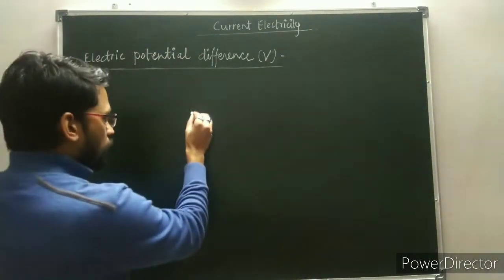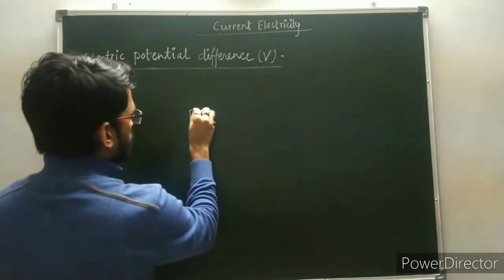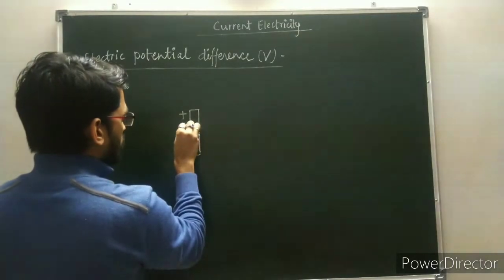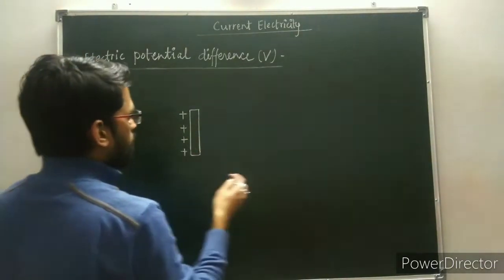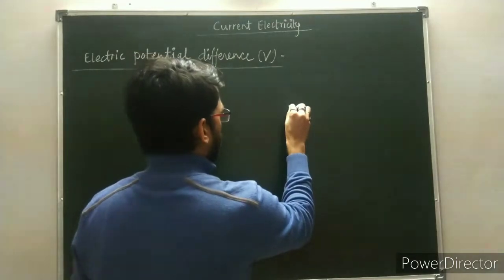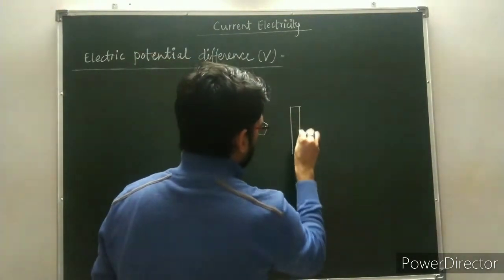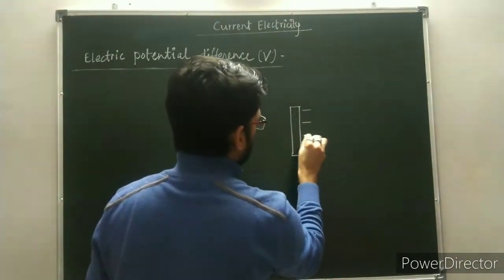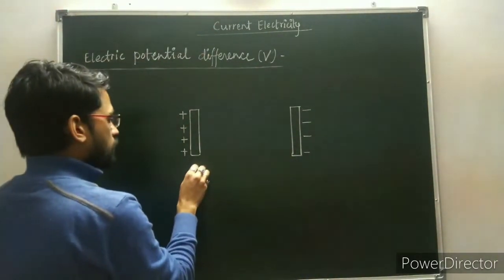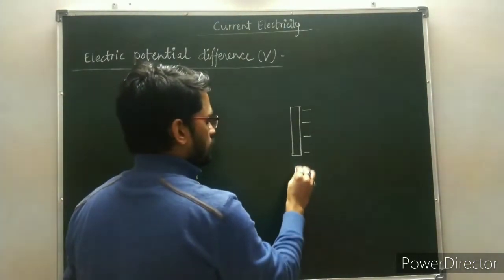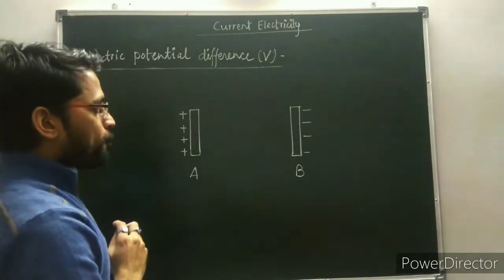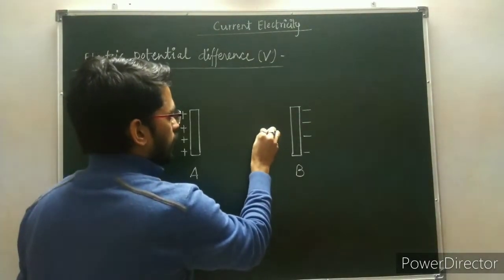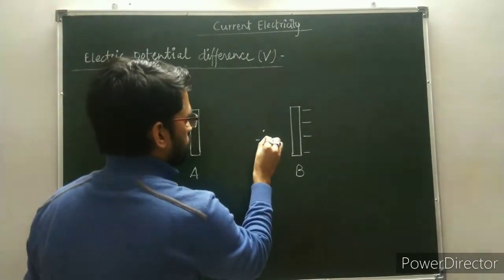Consider there is a positively charged plate and a negatively charged plate, say this plate A and this is B, and imagine there is a negative charge here.